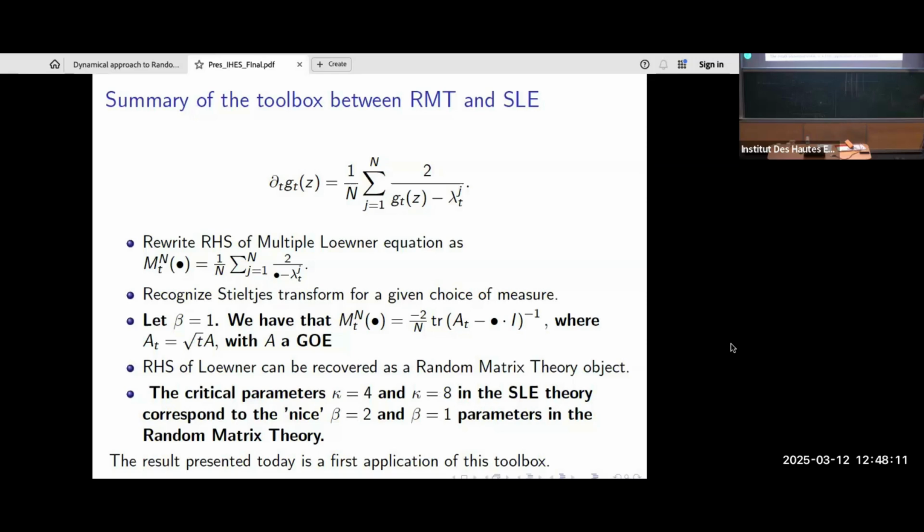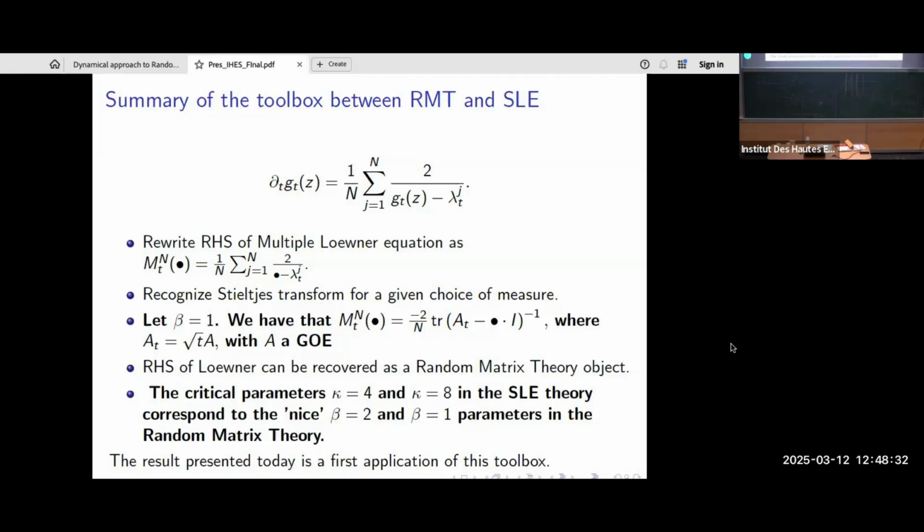And now once you realize this, you realize that for beta 1 and 2, you have a nice way to write the Stieltjes transform as a normalized trace of a random matrix. So you basically started with a Loewner, with an SLE object, and you see it before integration as a random matrix object, and it gives you access to all these tools.